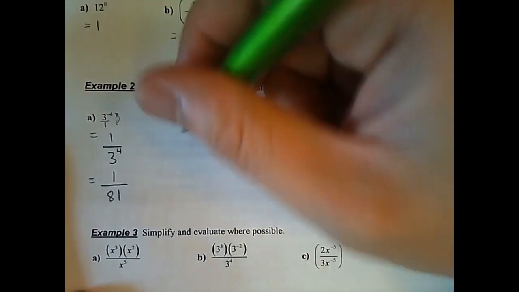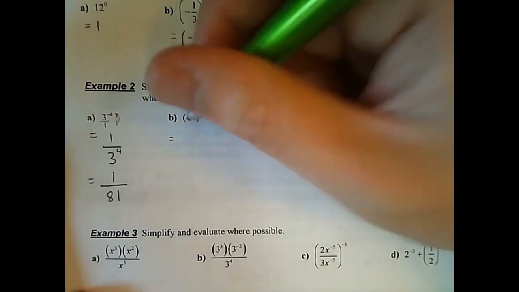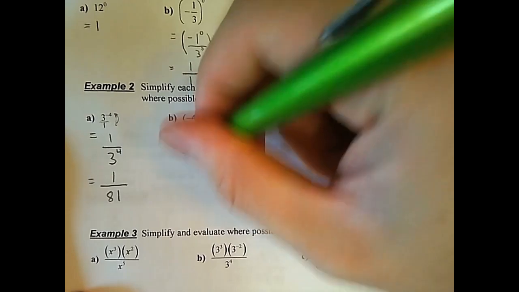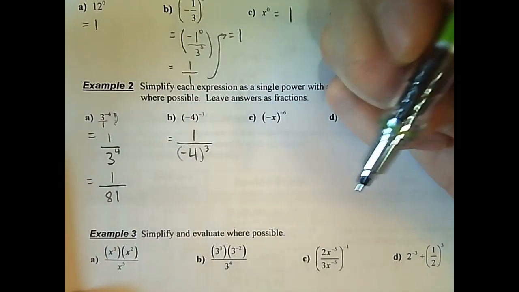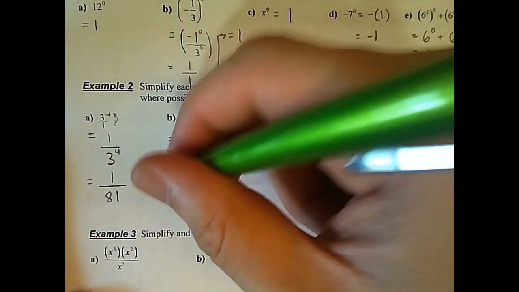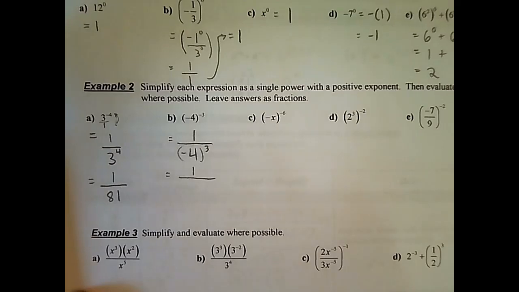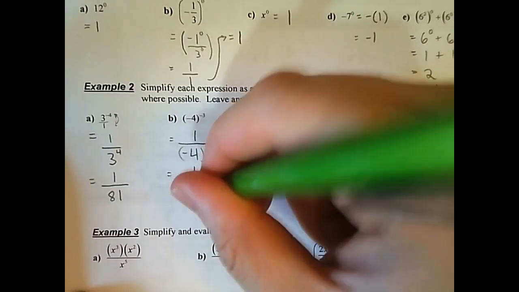For question B, same idea. Negative 4 to the power of negative 3, still over 1, so I'm just going to find the reciprocal. I get 1 over negative 4 to the power of 3. Negative 4 times negative 4 times negative 4 will give me negative 64.